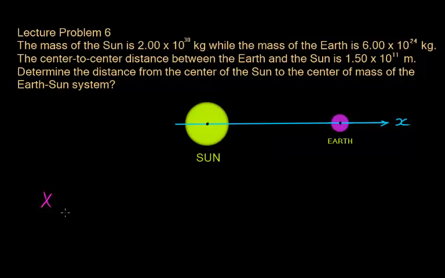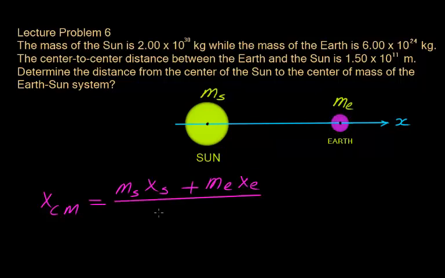The position along the x-axis for the center of mass is going to equal the mass of the Sun, which is this, times the position of the center of the Sun as measured from the origin of the system coordinate, plus the mass of the Earth, which is this, times the position of the Earth as measured from the origin of the system coordinate, divided by the sum of the two masses, the mass of the Sun plus the mass of the Earth.